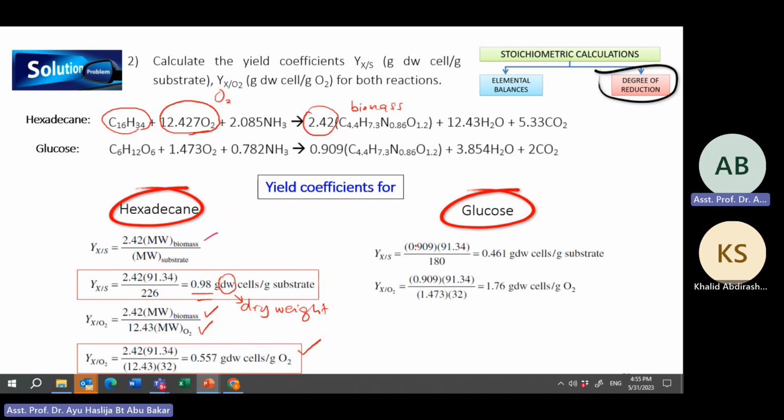Same thing for glucose. Biomass. Okay, mole of biomass multiplied by molecular weight of the biomass divided by molecular weight of the substrate. Make sure you take the correct value over here. Per substrate or per O2.